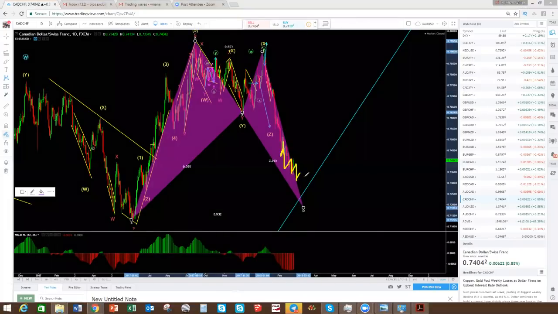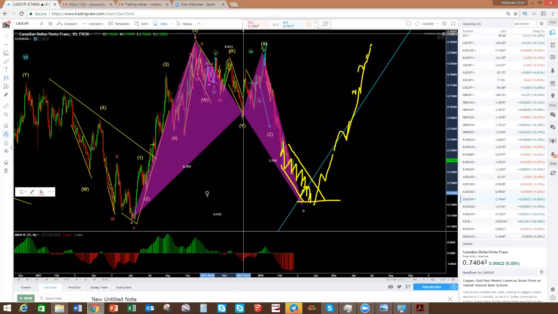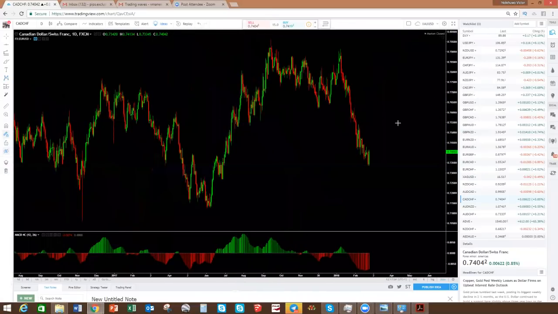This has dropped quite significantly, and it's now slowing down like that. When it gets to the 88, we're going to be expecting a nice reversal to the upside. Okay, let's switch everything off again. That's how we're looking at that one.